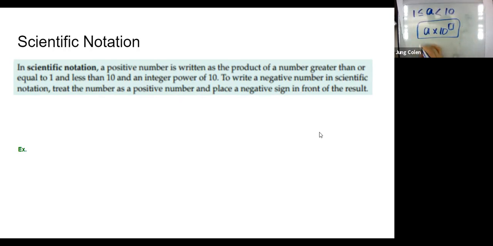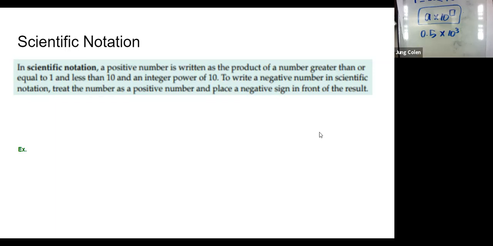So for example, is this scientific notation? 0.5 times 10 cubed. You can have a decimal, but this number is less than 1, right?